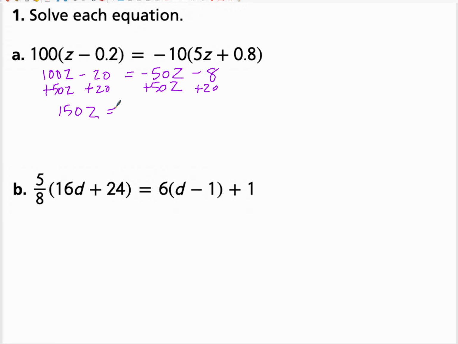That cancels and that cancels, and negative 8 plus 20 would be 12. Last step, we're going to divide by 150. And z equals 0.08.